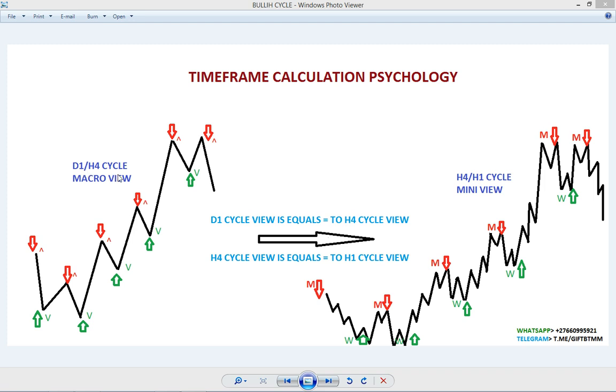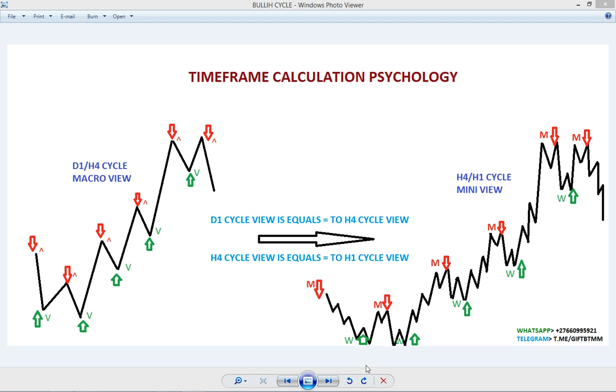Let's suppose A on day 1 is equal to M on H4. A on H4 is equal to M on H1. A on H1 is equal to M on 15 minutes. Of course, you get this now.